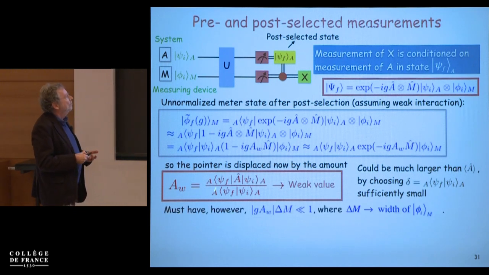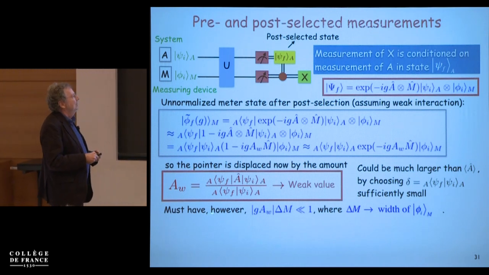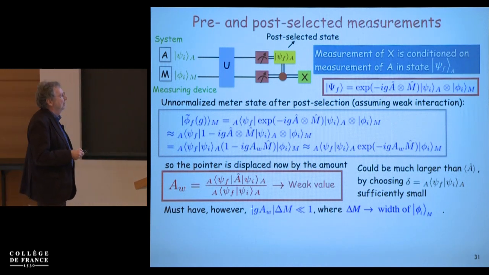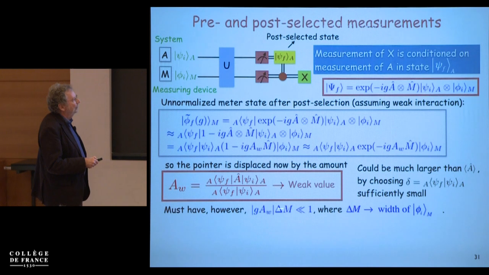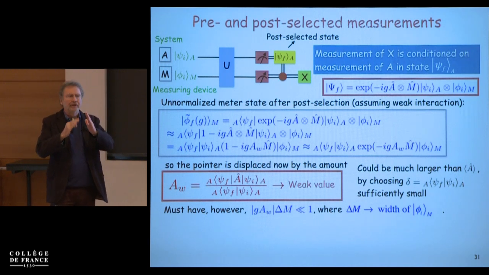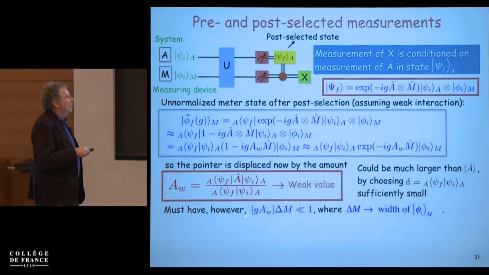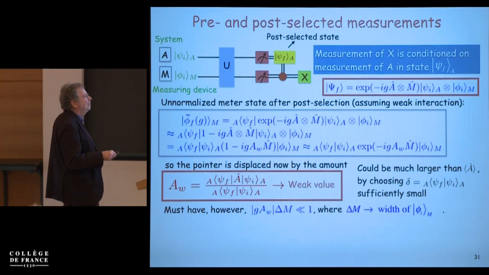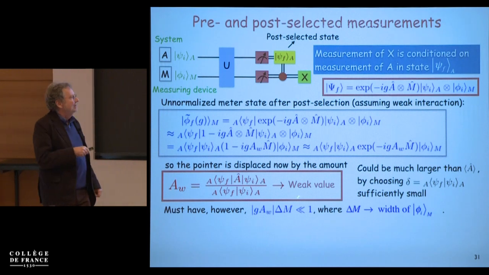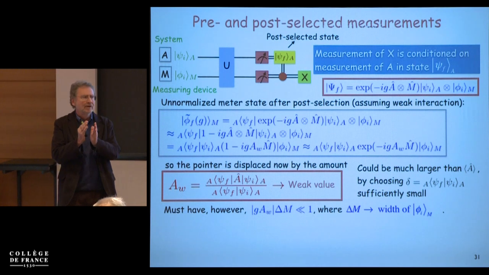However, there are some conditions for all these manipulations to be true. And we are using here perturbation theory. And one condition is that this expression here should be much smaller than 1, where delta m is the width of the pointer state. Okay? So this is an important condition which shows that the amplification cannot be too large. Or if you want to increase that, you should increase the width delta m.